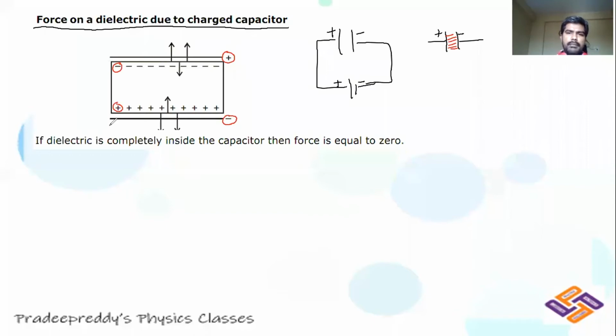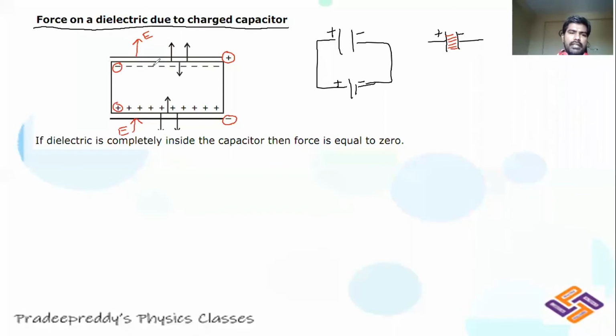Now let me show you that. Because of the capacitor plates, I am drawing the field. This is E, right? That is because of the positive charge on the capacitor plate, and because of the negative plate, field will be towards it. Next I will represent the field due to the dielectric slab.